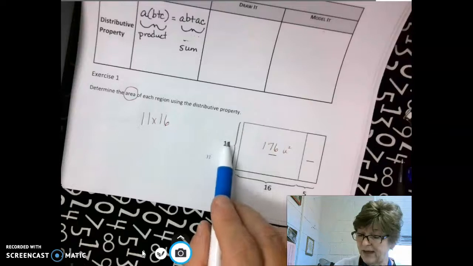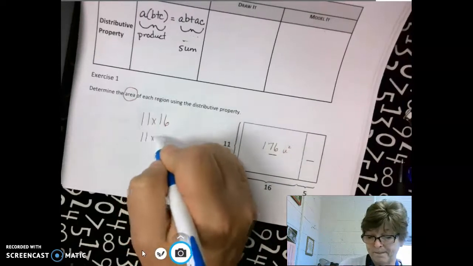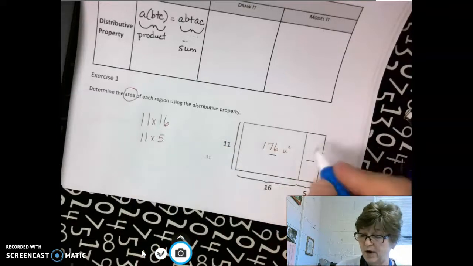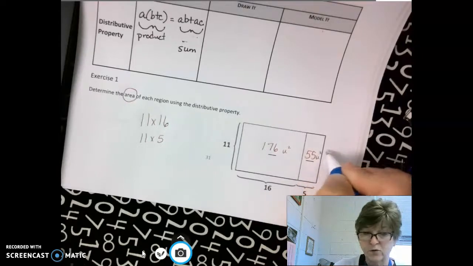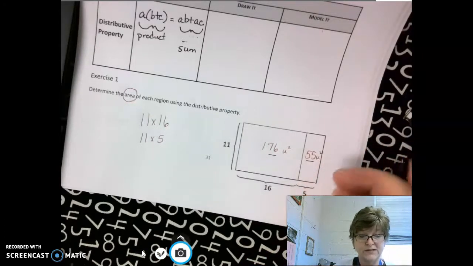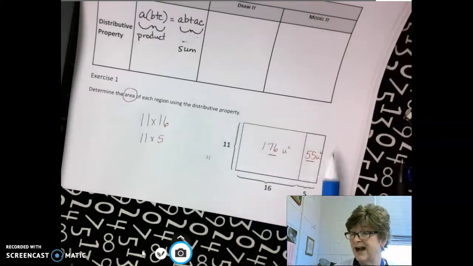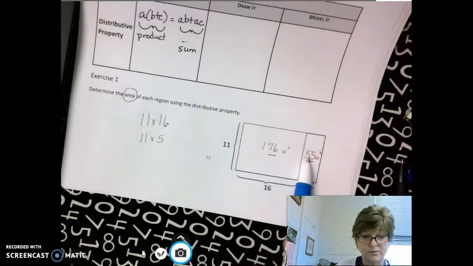And then we have 11 times 5, which gives us a total of 55 units squared. If I wanted to find the area of this entire figure, I would combine these two.